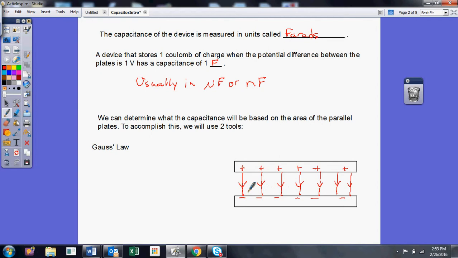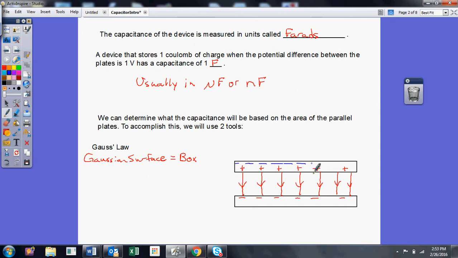Now for Gauss's law, we need a Gaussian surface, of course. Our Gaussian surface is going to be a box that encloses the positive charge, so it's going to be up here.